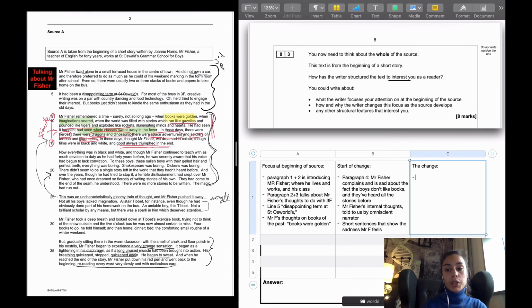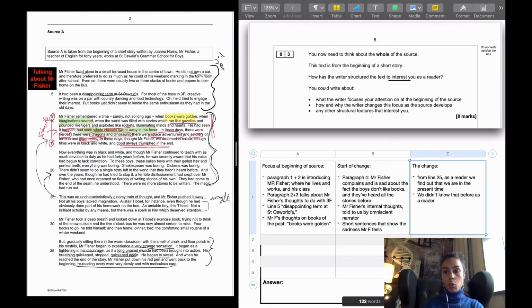Right, so the change. This is from line 25. As a reader, we find out that we are in the present time, which is interesting because we didn't know that before as a reader. What does it make you feel if you've gone from almost a time in limbo to, oh, the story's in the present, we want to know what happens next.